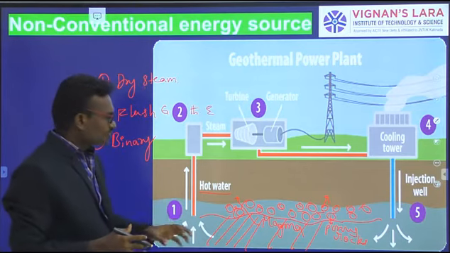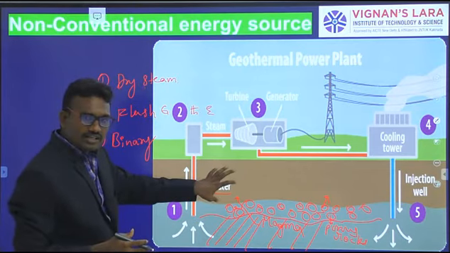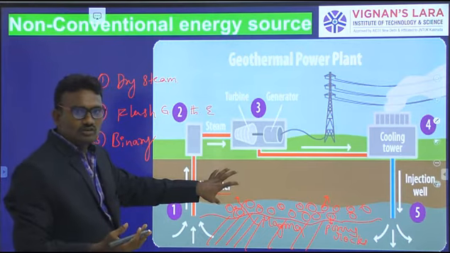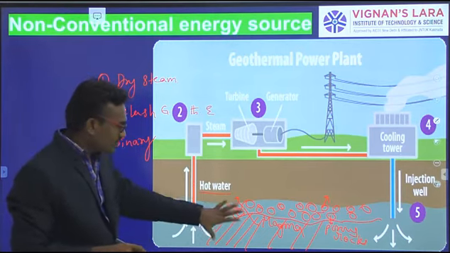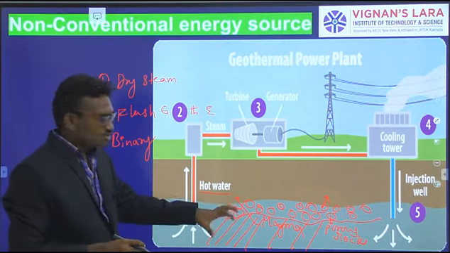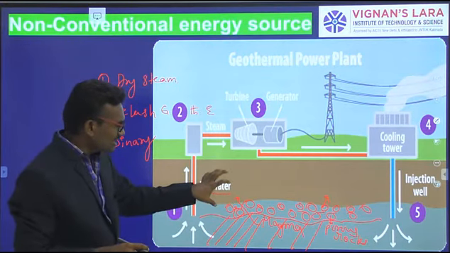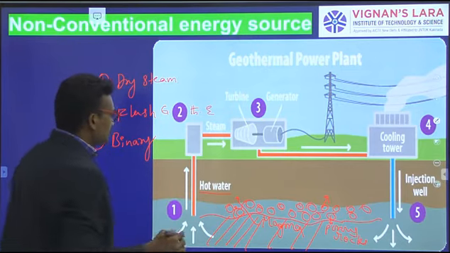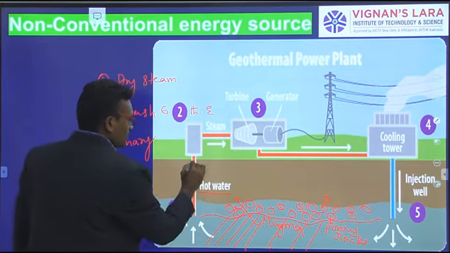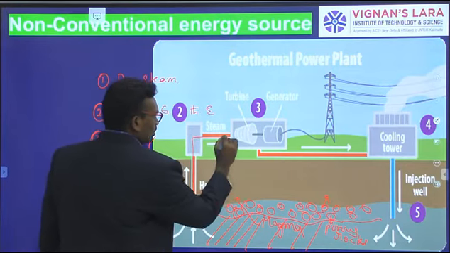Dry steam: in some areas, the hot water is directly converted into steam in the earth crust, because the temperature is very high. The deep earth crust hot water is converted into steam. The steam is passed into turbines.